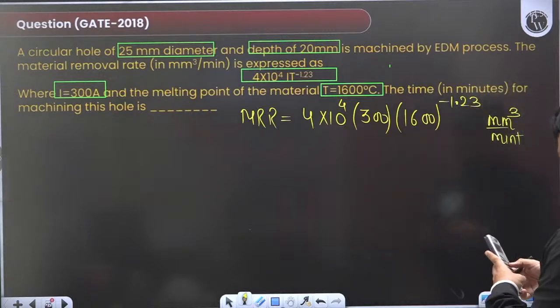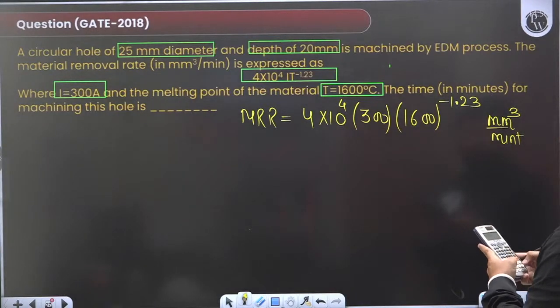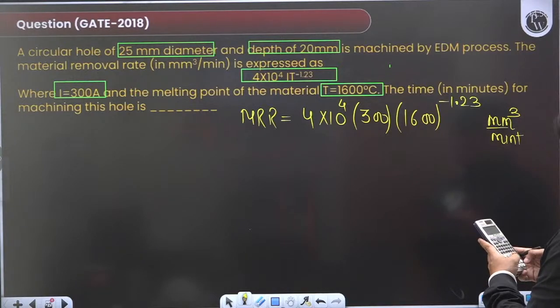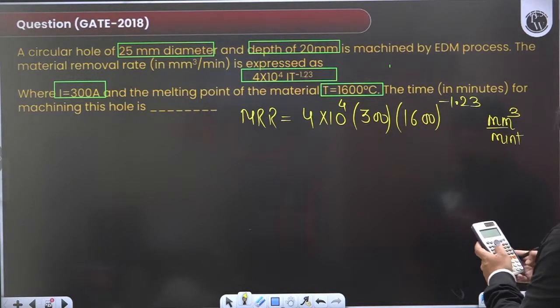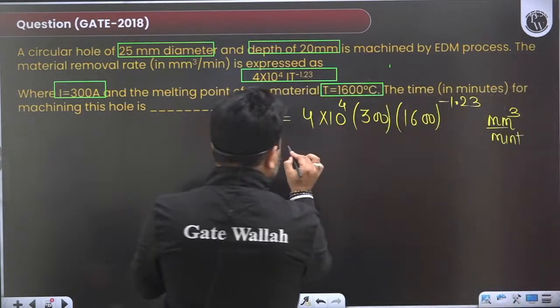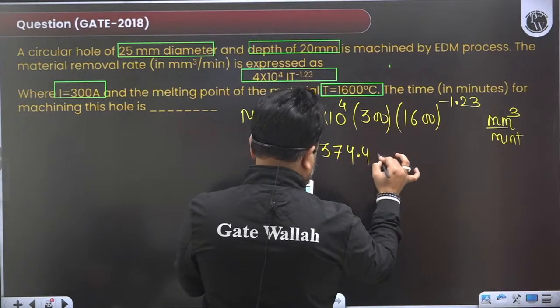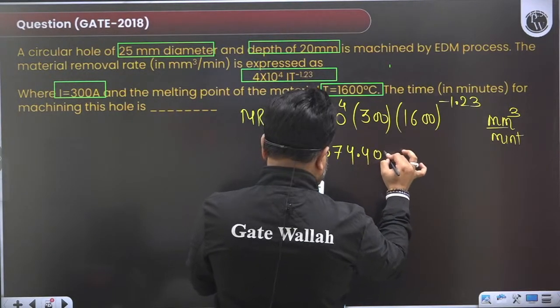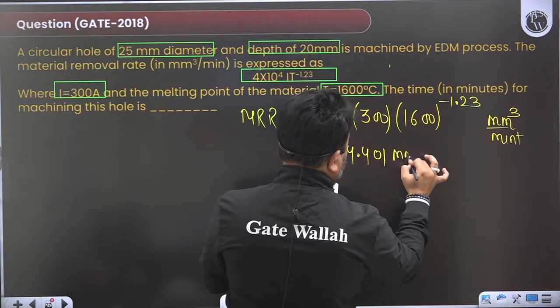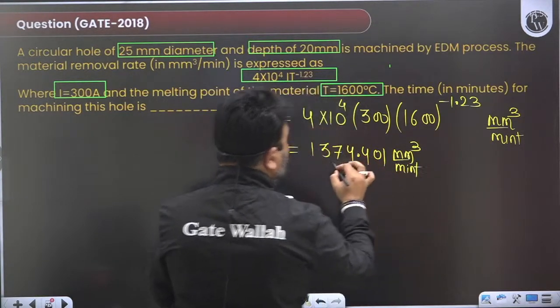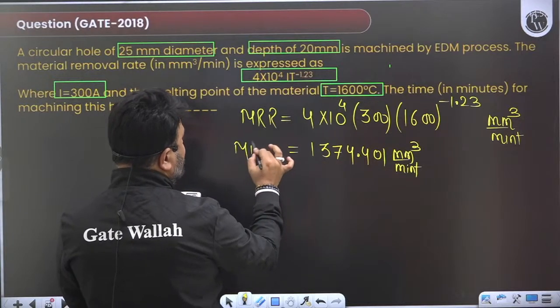So 4 into 10 to the power 4 into 300 into 1600 to the power minus 1.23 comes out to 1374.401 mm³ per minute. In 1 minute you are removing that much material.